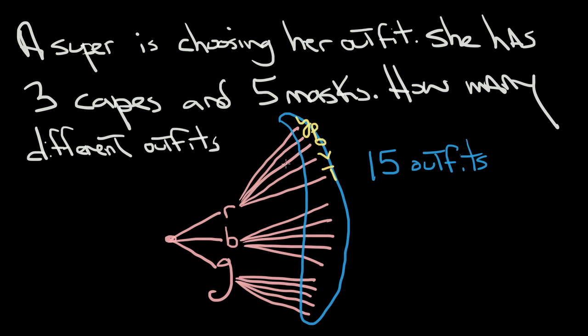If I asked you, what's the chance of her choosing a red cape and a violet mask? How many ways were there? Or what's the probability of choosing that? I would say there's only one way to do that. So 1 out of 15.